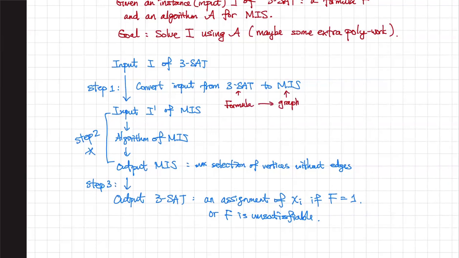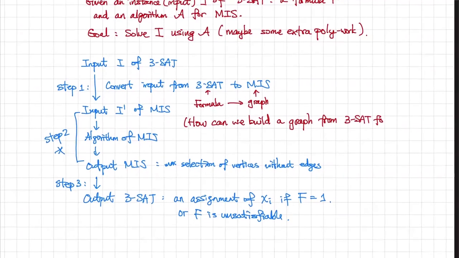So that means the question now is, how can we build a graph from a 3-SAT formula? Right, so that's the question that we're trying to solve. Now let me give you the rule.